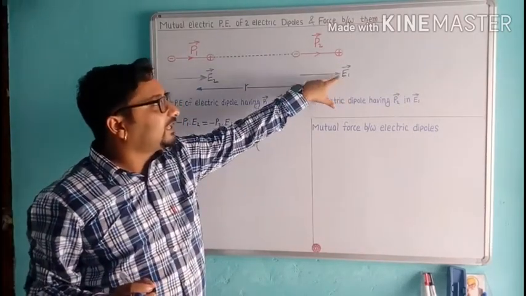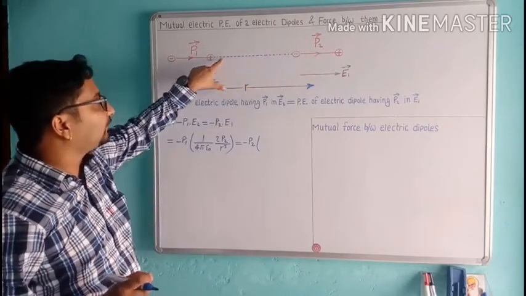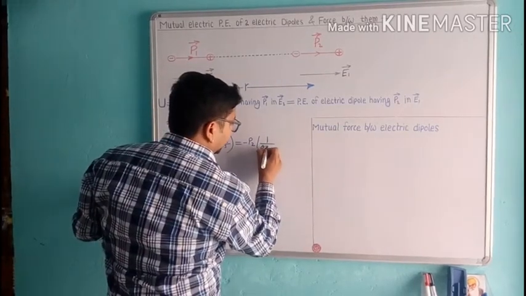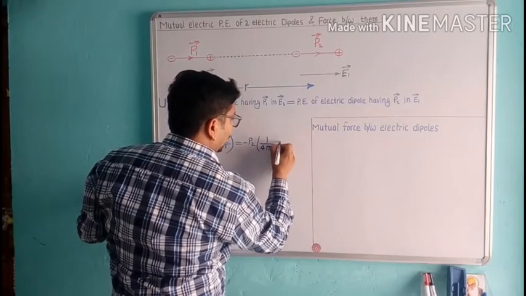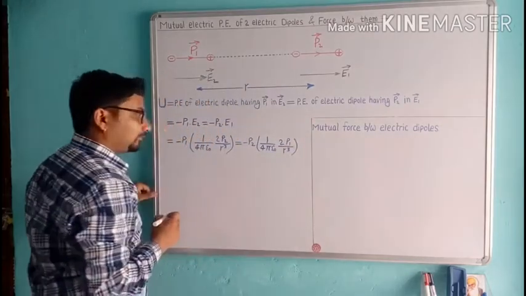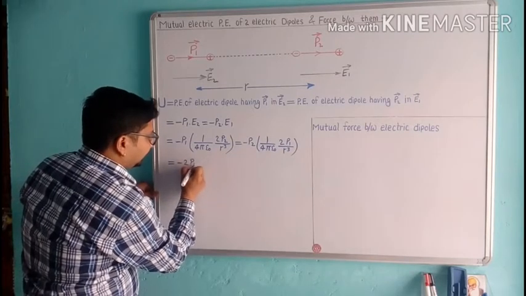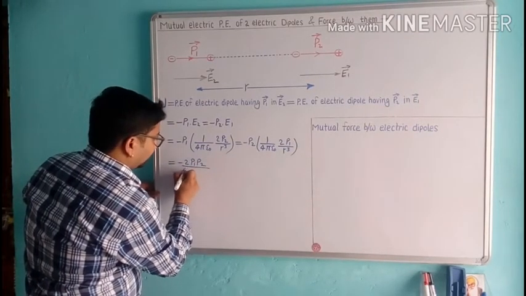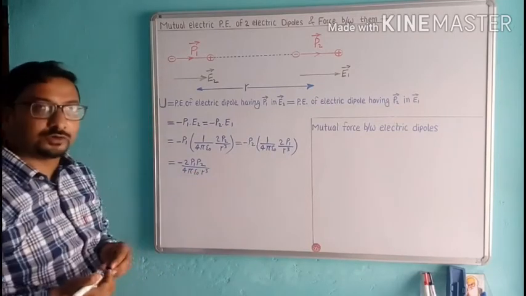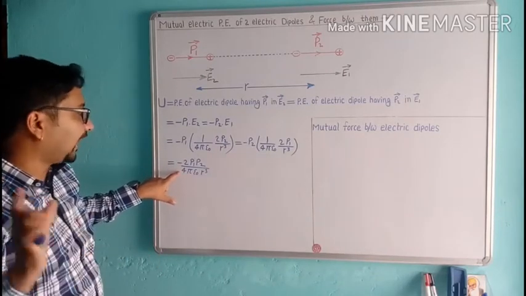E1 is the electric field intensity at a point on the axis of this electric dipole. So using the formula 1 upon 4 pi epsilon naught 2 P1 upon R cube, we get from both minus 2 P1 P2 upon 4 pi epsilon naught R cube. Okay, this is the mutual electric potential energy of two electric dipoles.